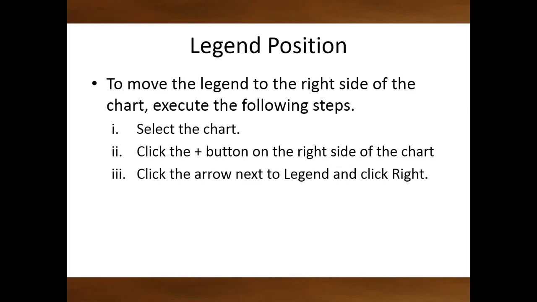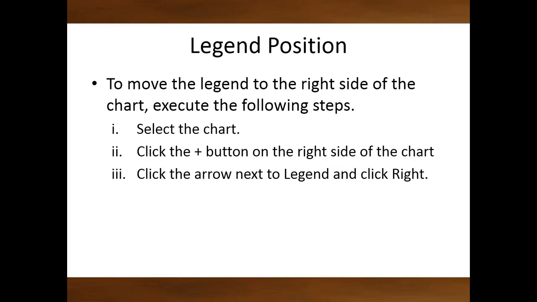You select the chart. 2. Click the plus button on the right side of the chart. 3. Click the arrow next to the legend and then click right. That is if you want to send it to the right.